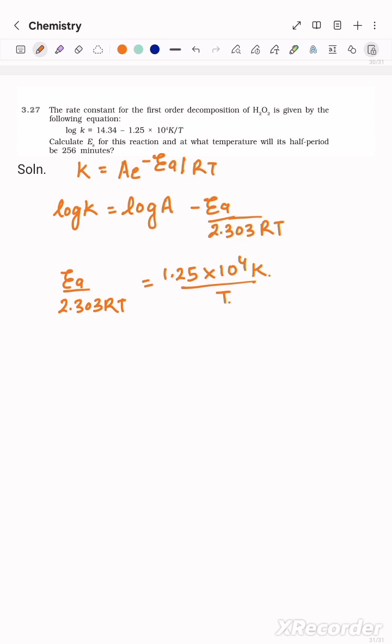Now just as previously, we correlate like this because it resembles this equation. Now temperature cancels out and Ea becomes 1.25 multiplied by 10 to the power 4 multiplied by 2.303 into 8.314 joule per mole.